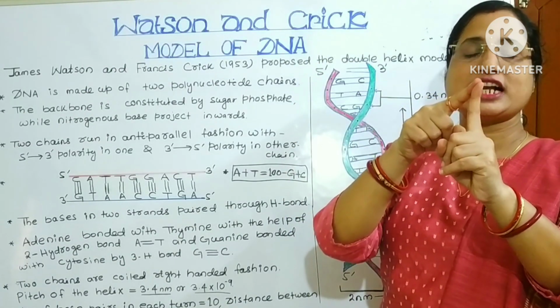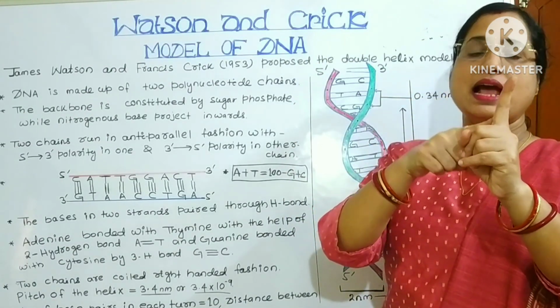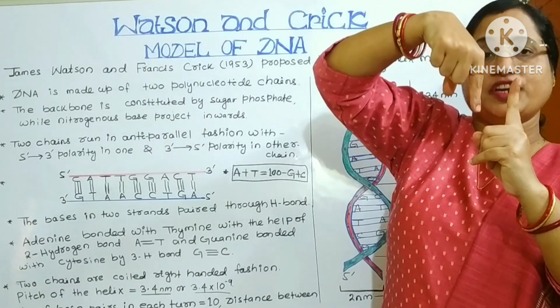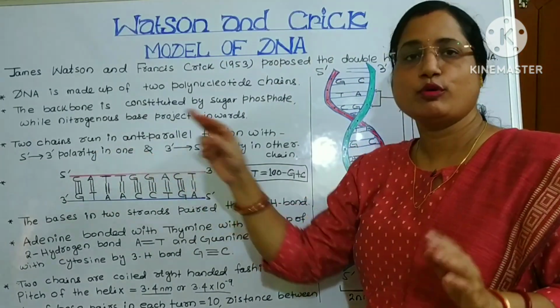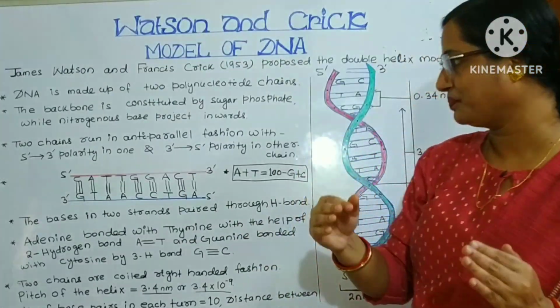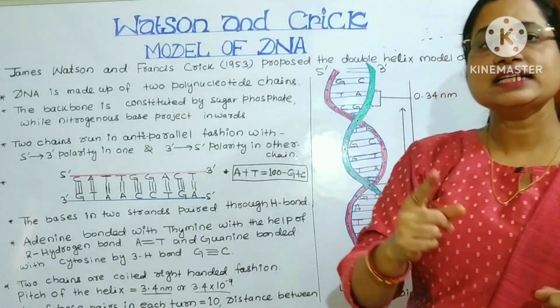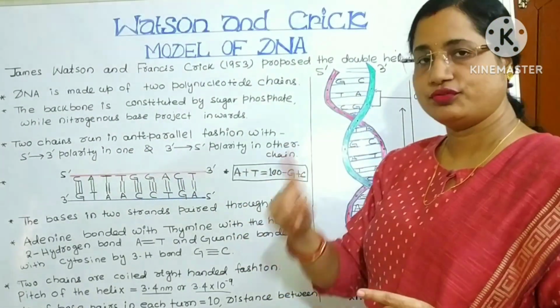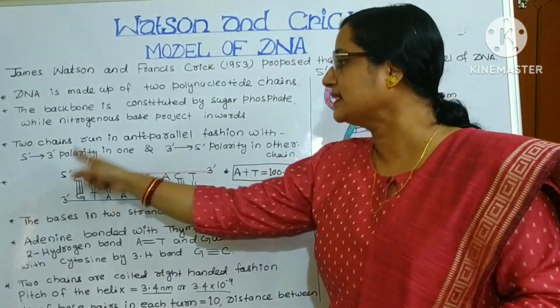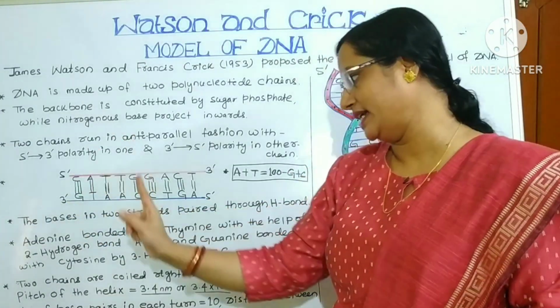If one strand runs from 5' to 3', the other strand will run from 3' to 5'. Polarity means direction. The directions of the two strands are opposite. If one strand starts with 5', the other will start with 3'.